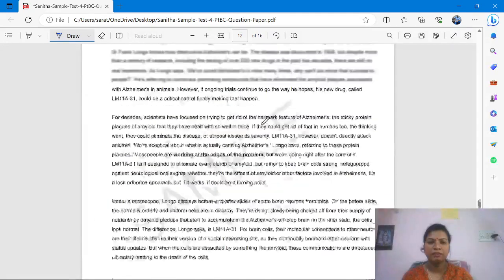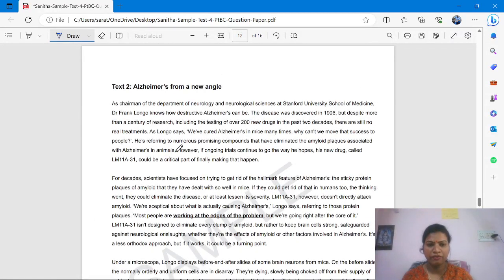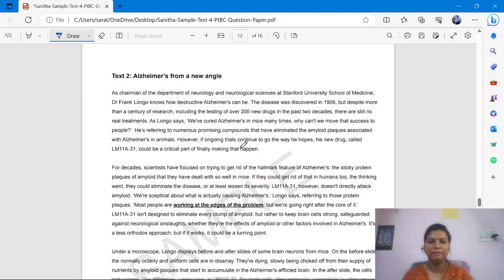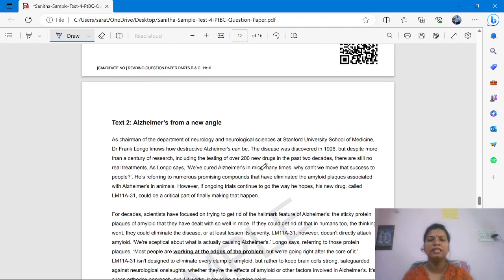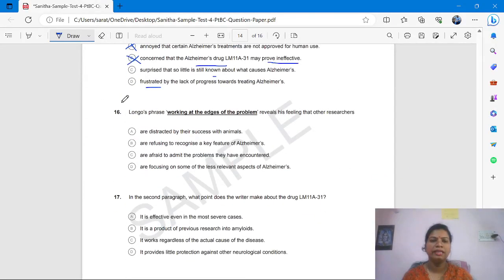We have to come to the paragraph and find if anything is said about that. It says Alzheimer's was discovered in 1906, but despite more than a century of research, including testing of over 200 drugs, but it is not saying anything about this third option. So simply eliminate this option.